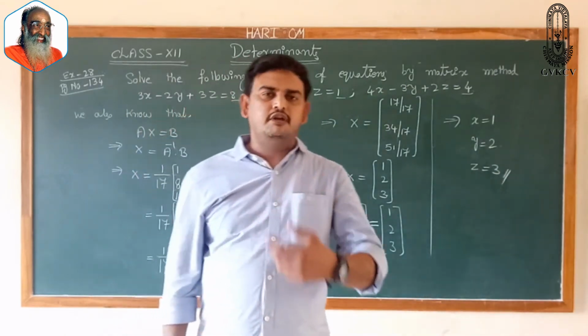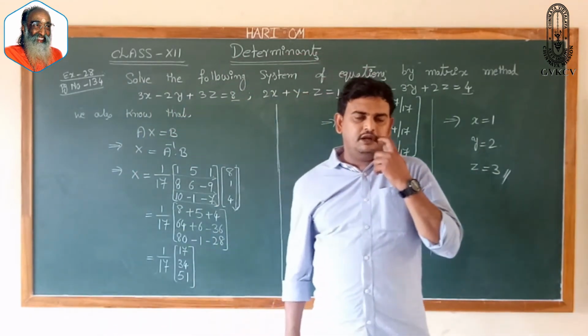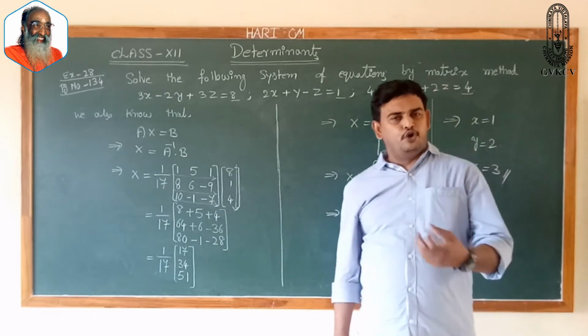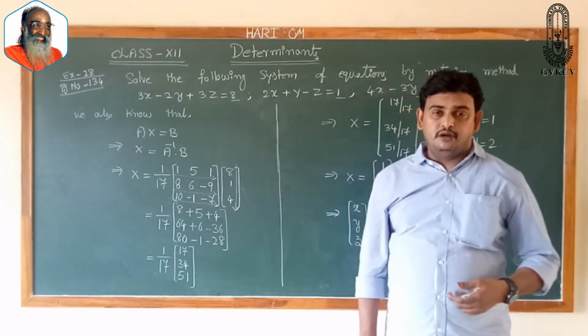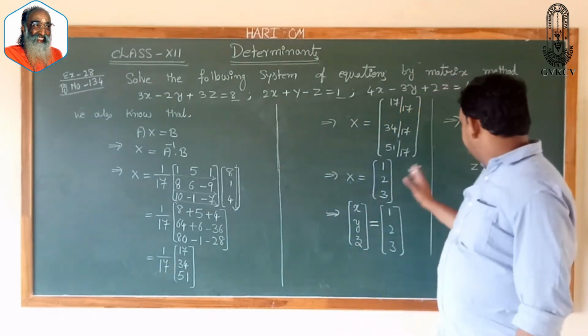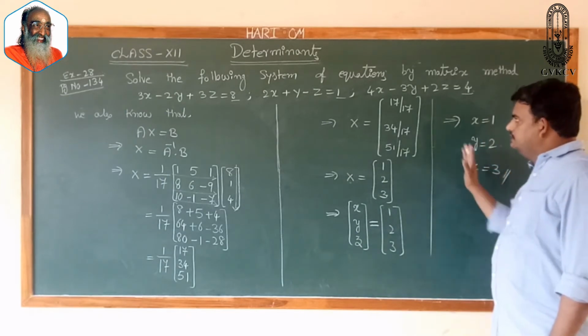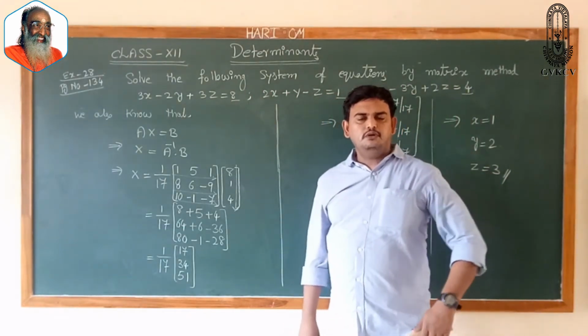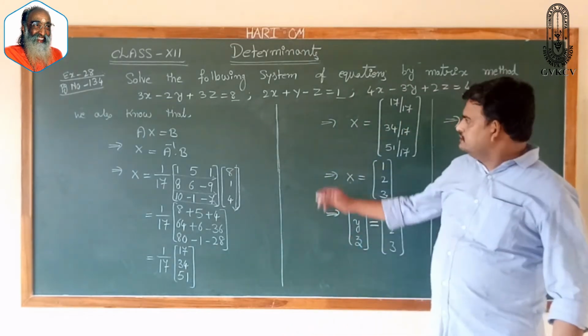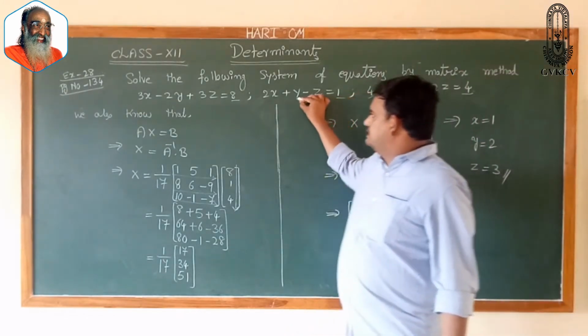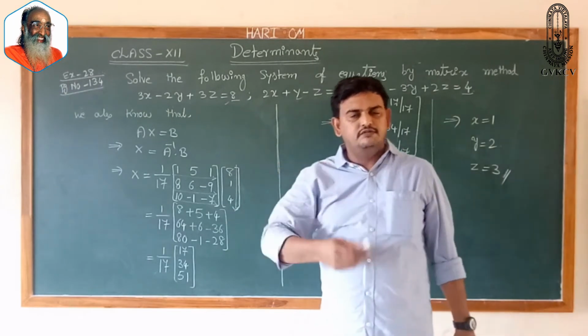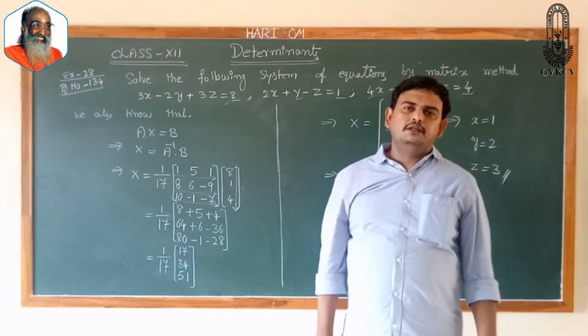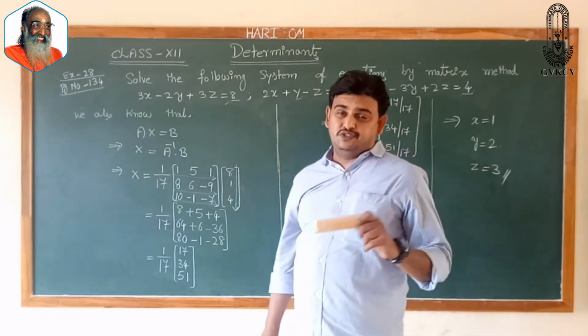Even you can have your verification also, whether our answers are correct or not. Verification. How to verify? Substitute these x, y, z values in the given equations. Substitute the x, y, z values in any equation. Definitely these x, y, z values should satisfy.